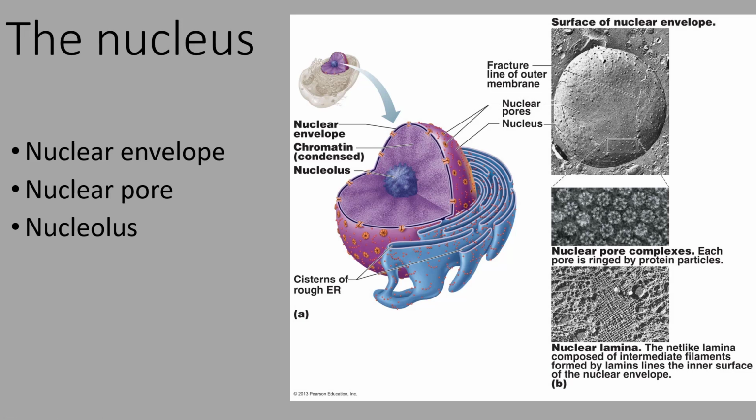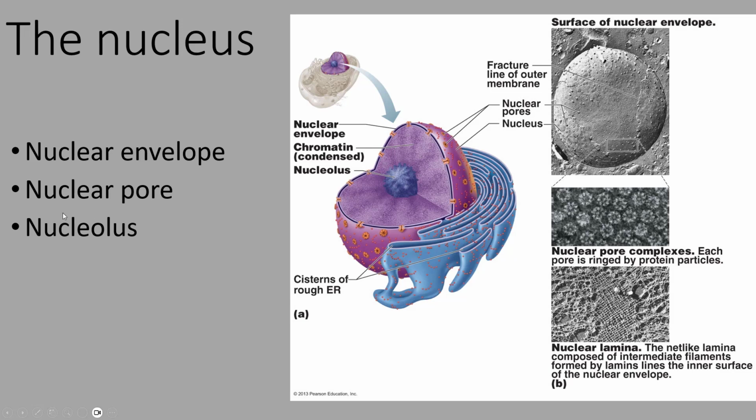It needs to really, really regulate what can get in or what can get out. And scattered throughout the nuclear envelope are these special channels called nuclear pores. The nuclear pores regulate what can pass through the nuclear envelope. Very, very few things can pass in or out through those pores.